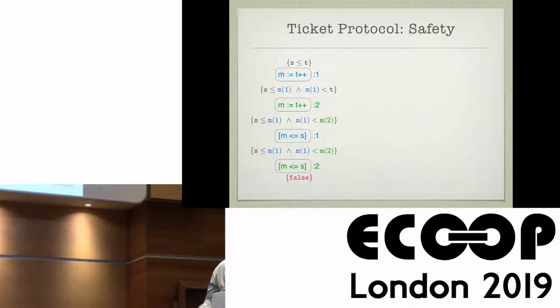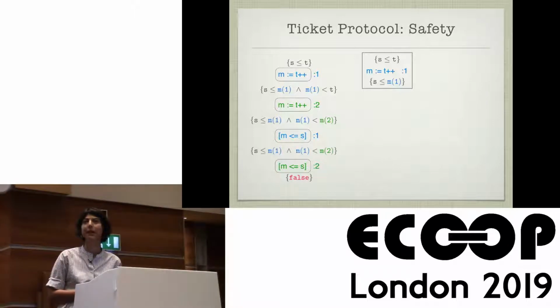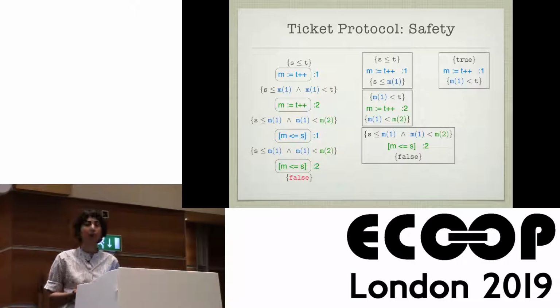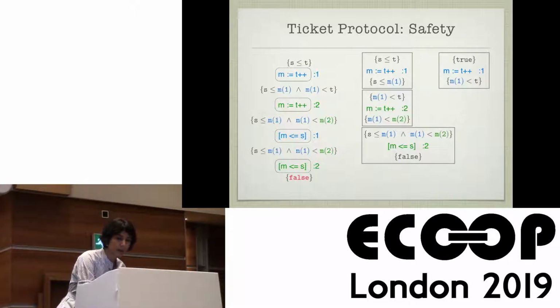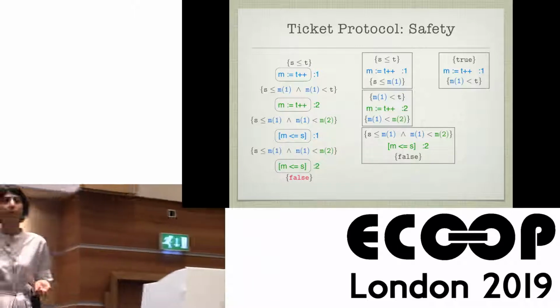Okay, so this is the Hoare triple that I have extracted out of that trace, and I can do the same thing with different parts of the trace. So the second one is a Hoare triple that I've extracted out of this, in some sense getting true and this post condition. These are all valid Hoare triples. The third one here, and so on and so forth. So I can extract as many Hoare triples as I care about out of this.